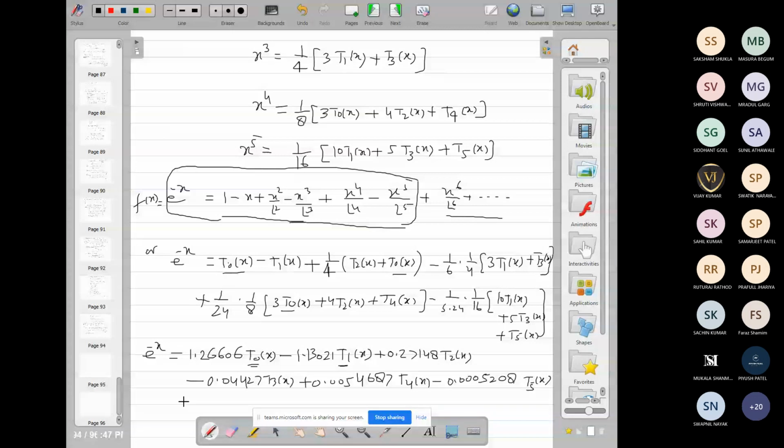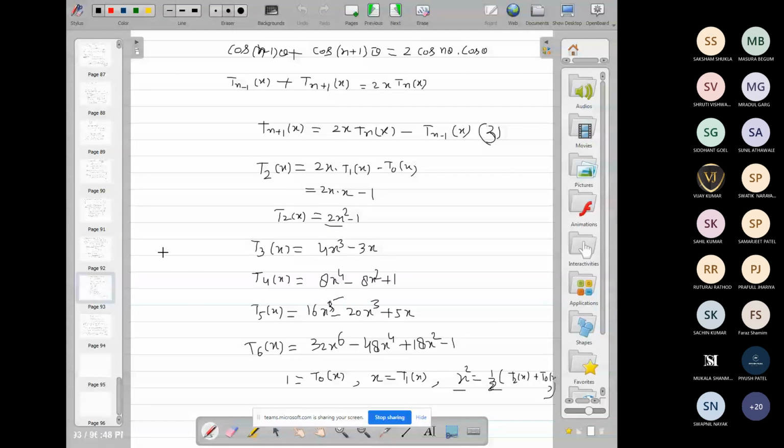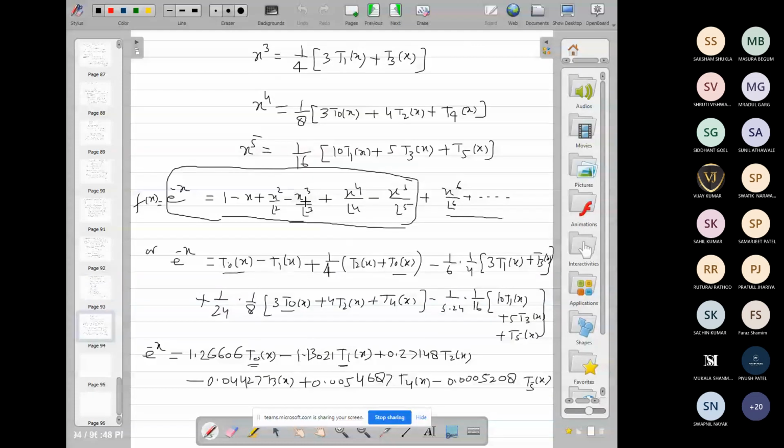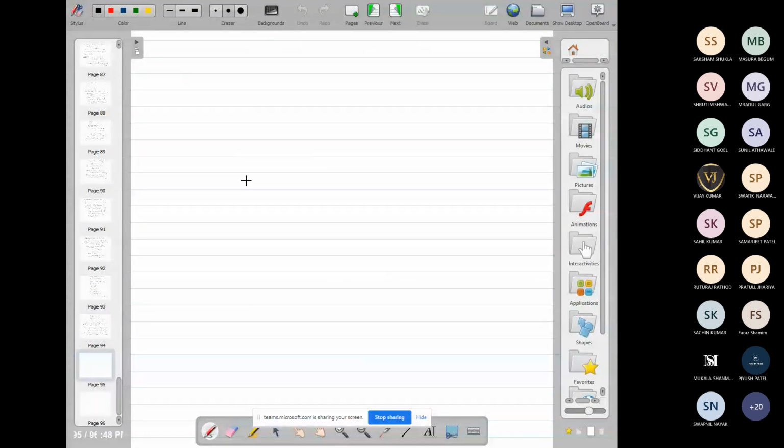Now what are the values? t0 is 1, t1x is x, t2x is 2x square minus 1. So substituting the values of these polynomials of various degrees, after simplification we obtain a new expression for the series e to power minus x, and it contains only finite terms, because we have truncated the series.